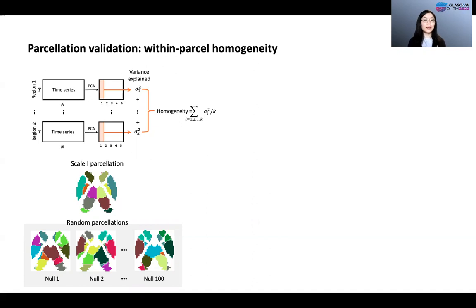Because the parcellation was generated based on functional connectivity, to avoid circular analysis, we compute the homogeneity in terms of the fMRI signals within each region, not at the connectivity level. And we also use a different data session. We do the same thing for the actual parcellation and a set of random parcellations.